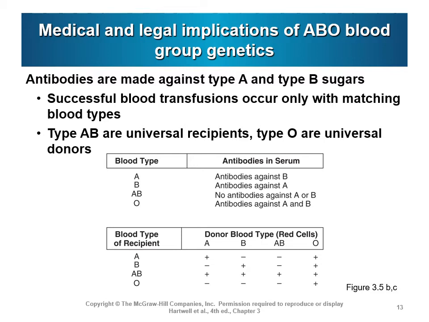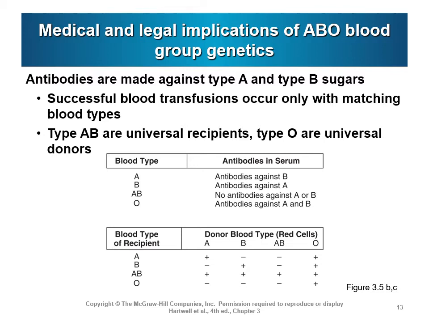A person with blood type A can, however, receive blood from a person with blood type O, and that is because blood type O does not express either A or B sugar on the surface of red blood cells. So there is nothing on the red blood cells from a blood type O donor for the antibodies to attach to.